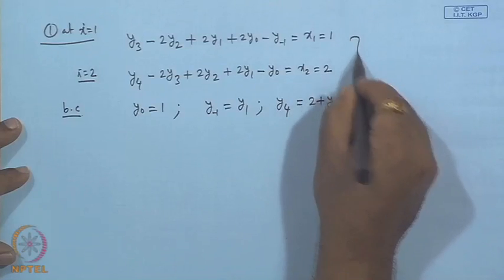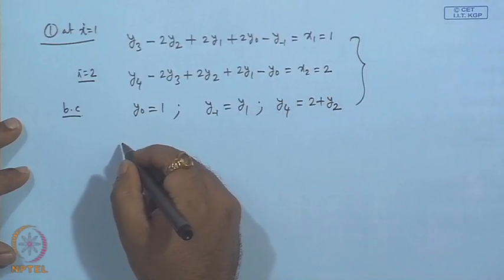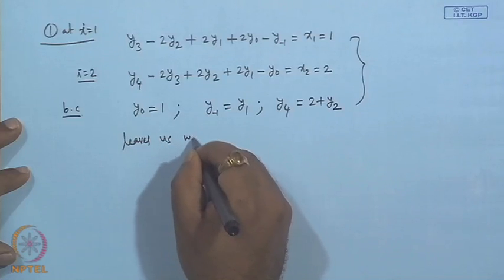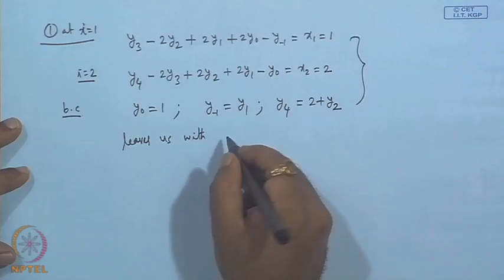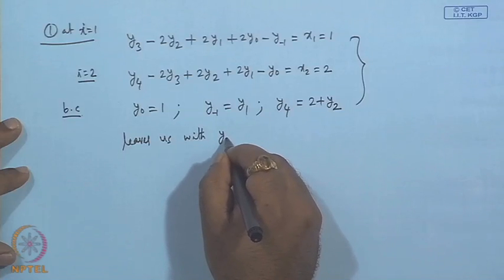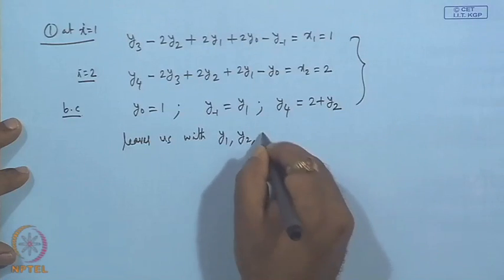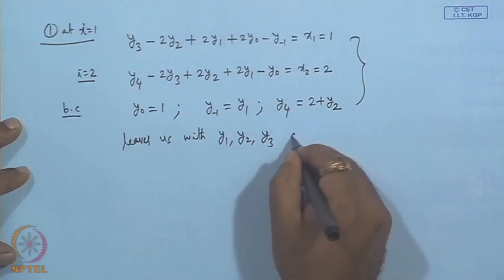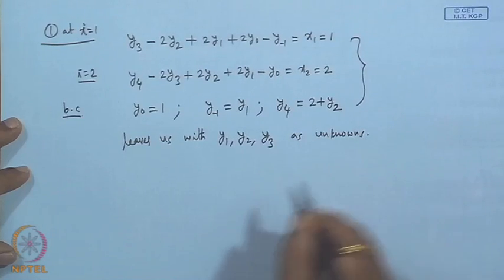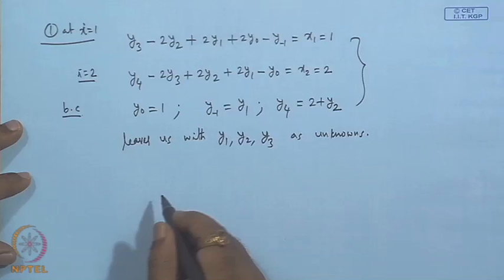So, this whole thing leaves us with y 1, y 2, y 3 as unknowns. Okay.